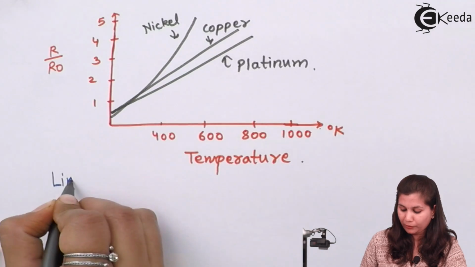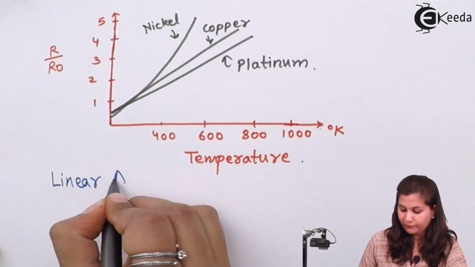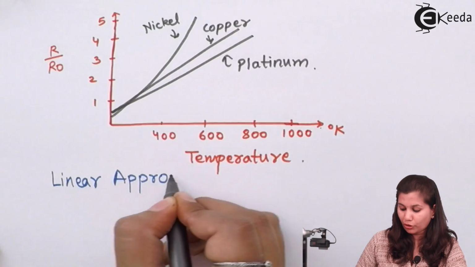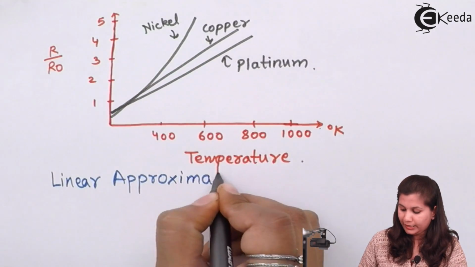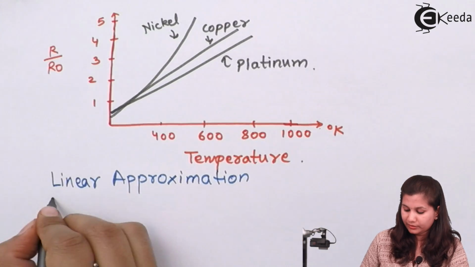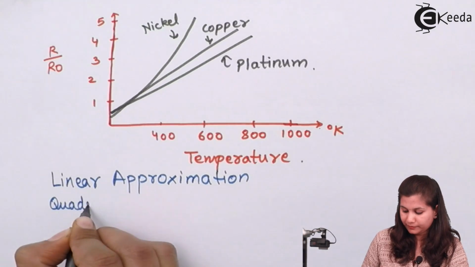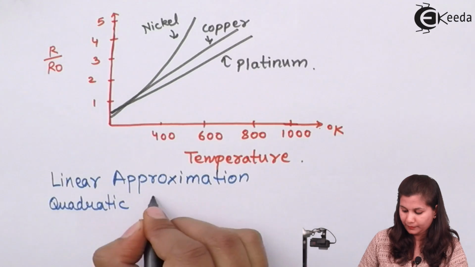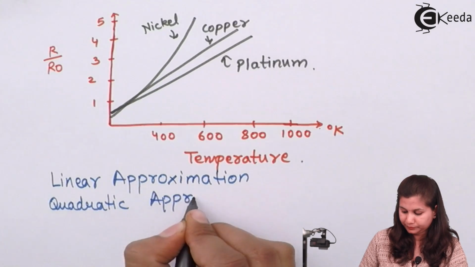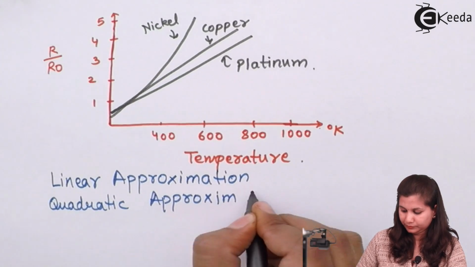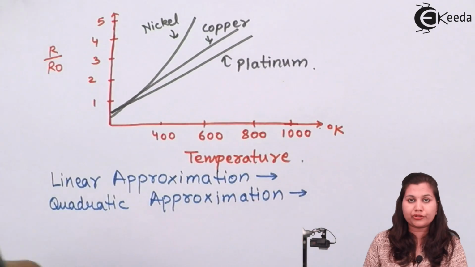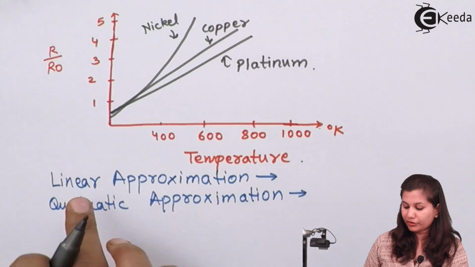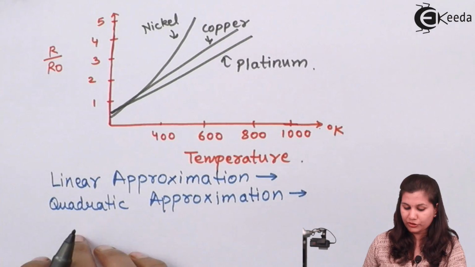One is the linear approximation, which we consider for a short range of temperature, and another is the quadratic approximation. Let's see what the relationship between the resistance and temperature will be in these two types of approximations.